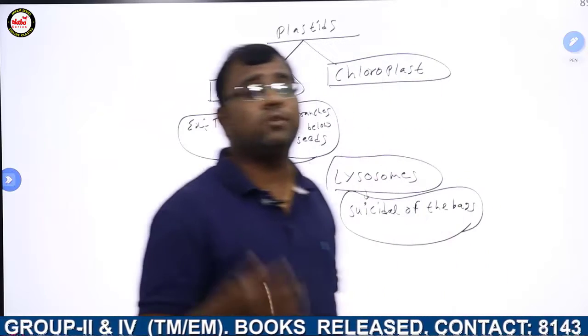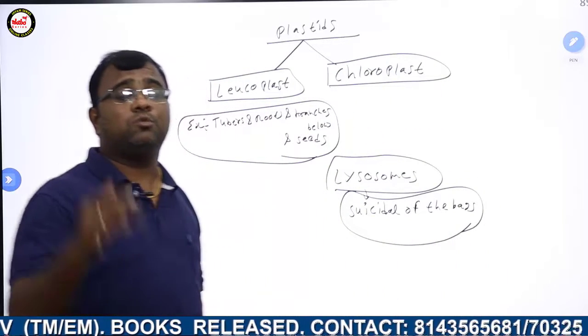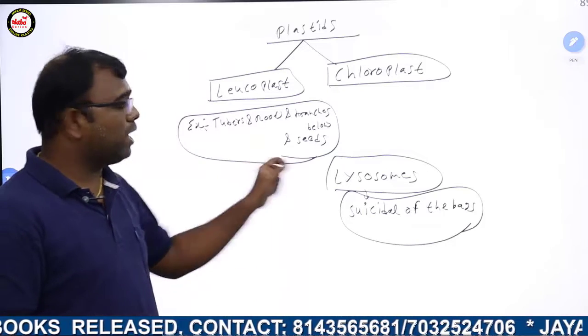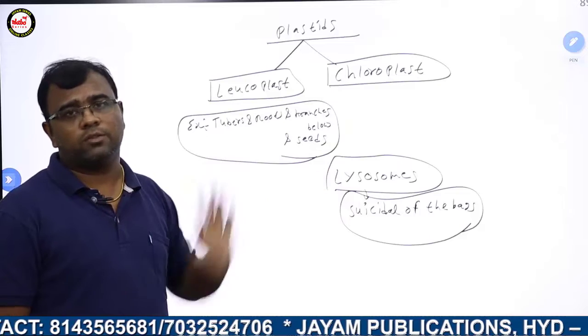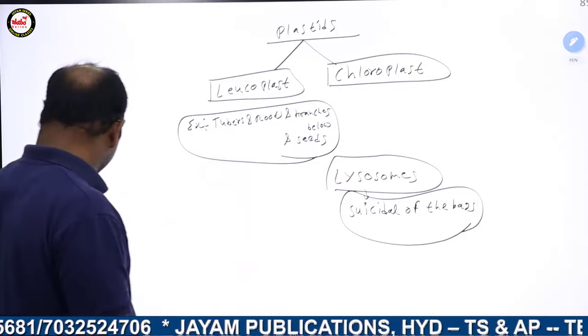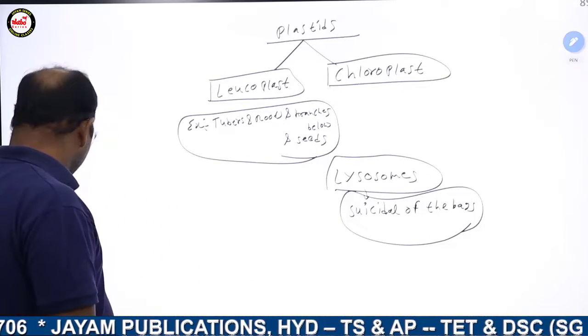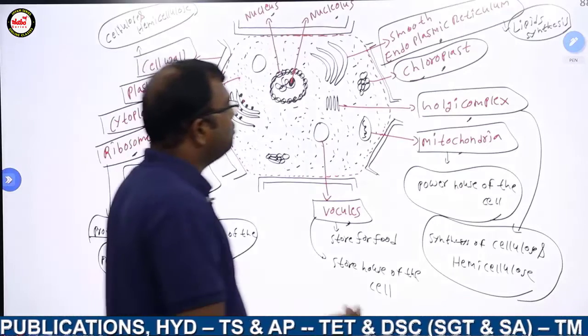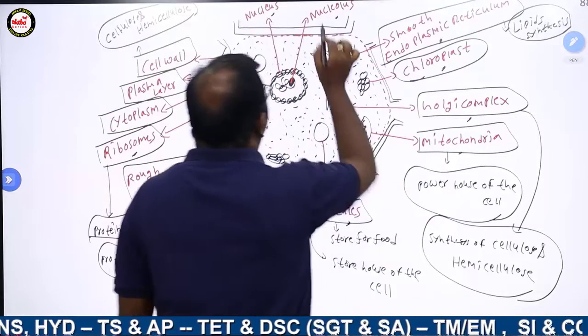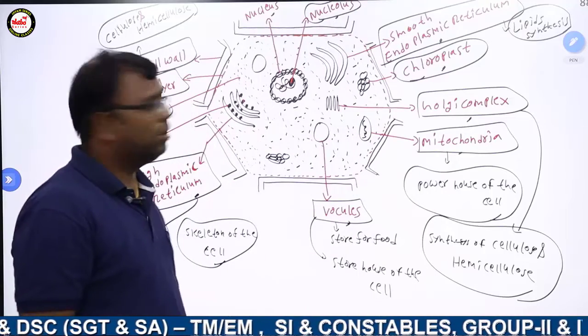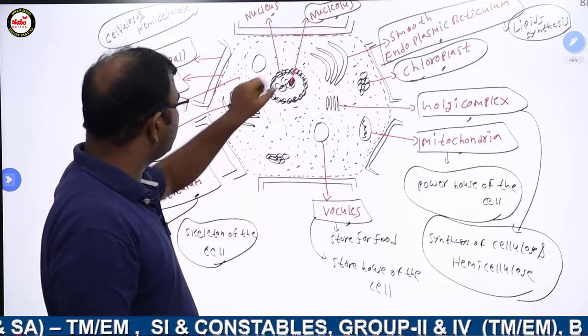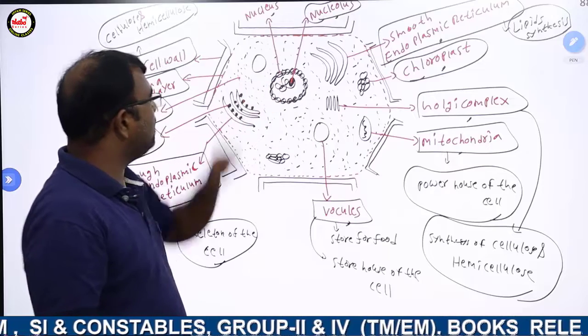The answer goes to lysosomes. The lysosome's function is it kills the microorganisms, and it is also called suicidal bags. Next, in the plant cell, the next part goes to nucleus. The nucleus is present in the middle part of the plant cell.